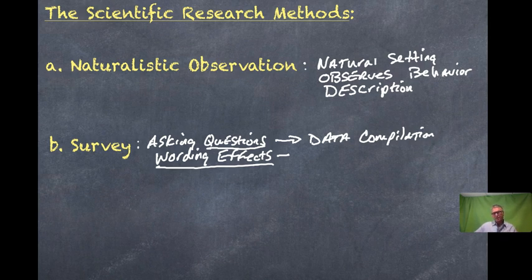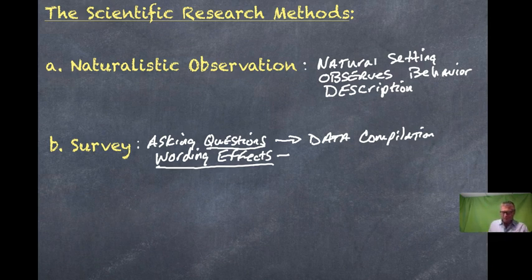What are people going to say to that question? Versus, do you favor or oppose environmental protection as a response to climate change? It's worded differently. So wording effects can affect the results that you get.